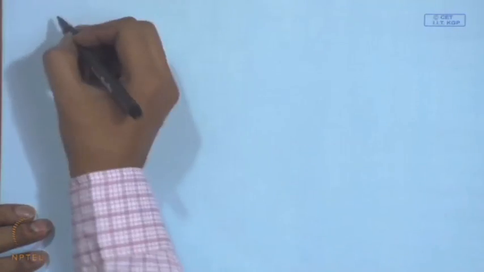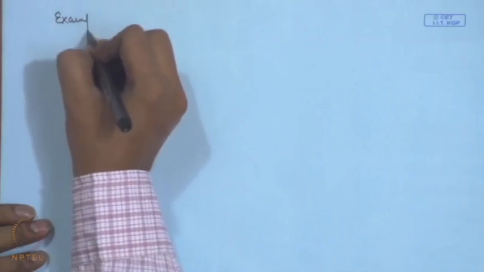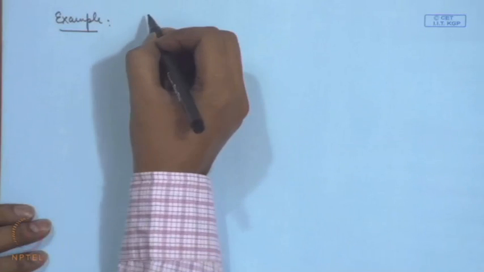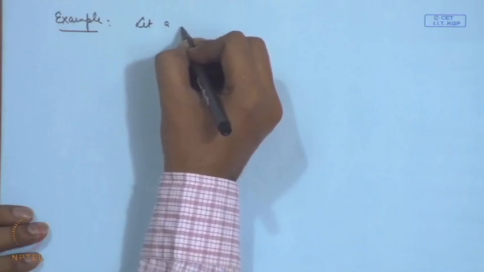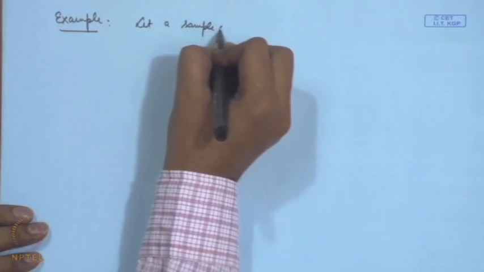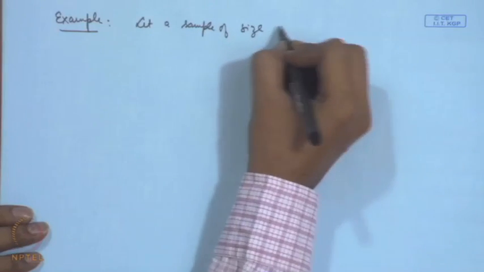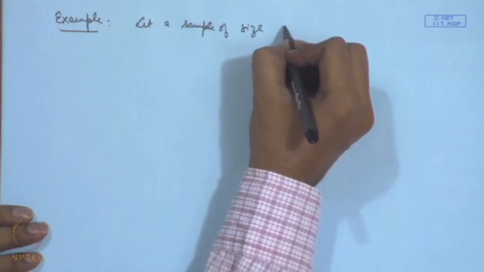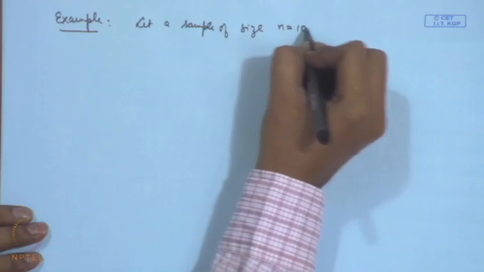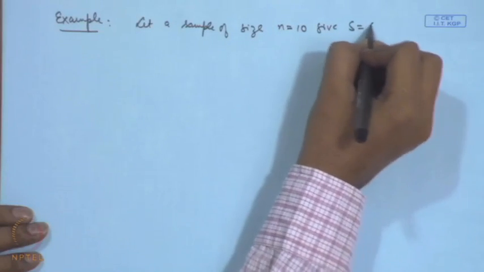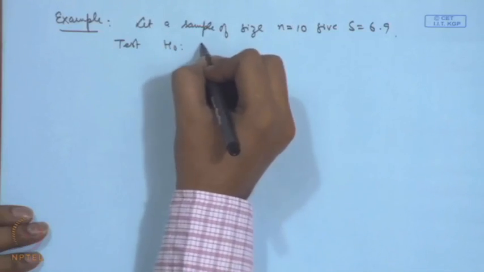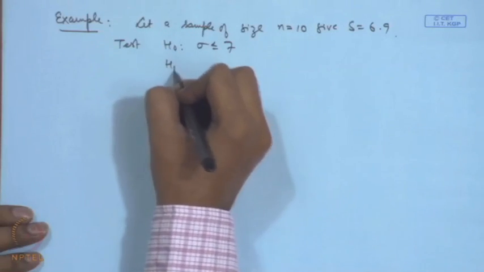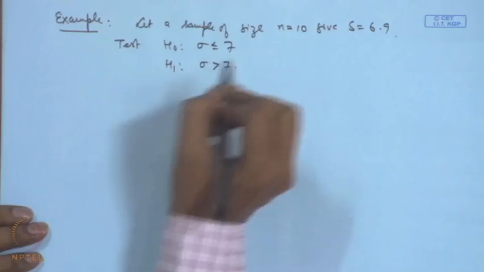Let me consider one example for this problem. Let a sample of size n equal to 10 give S equal to 6.9. We want to test the hypothesis whether sigma is less than or equal to 7 or sigma is greater than 7.